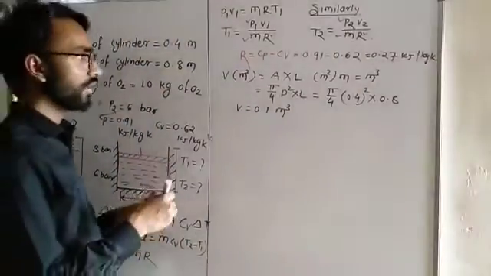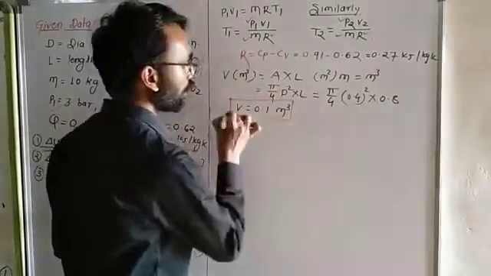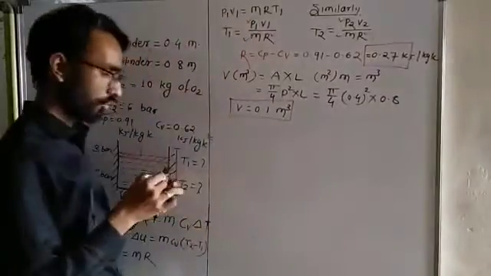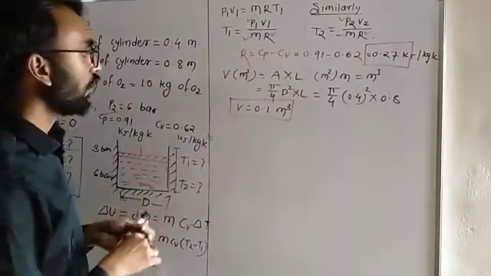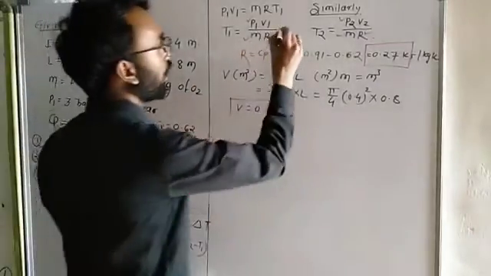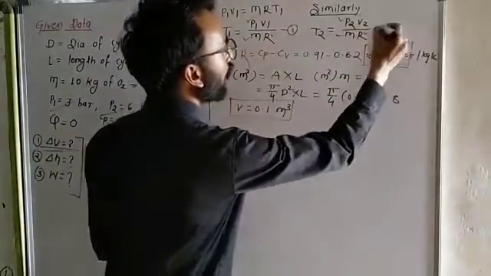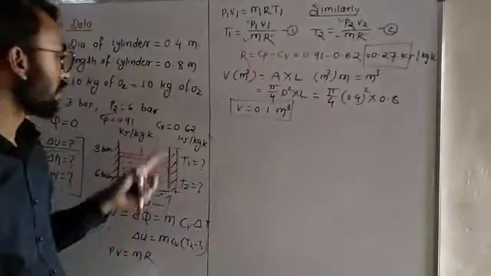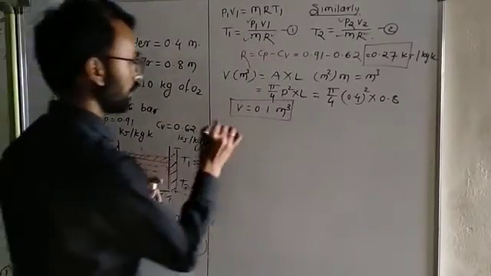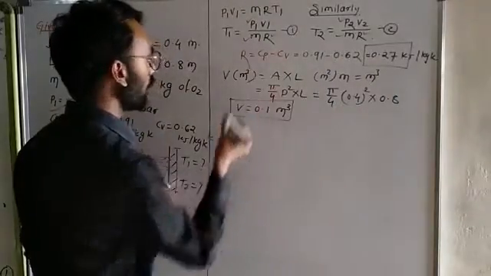Volume is 0.1 meter cube and R is 0.27. We can put the values in equation number 1 and equation number 2 and find the temperature at section 1 and section 2. T1 is equal to P1.